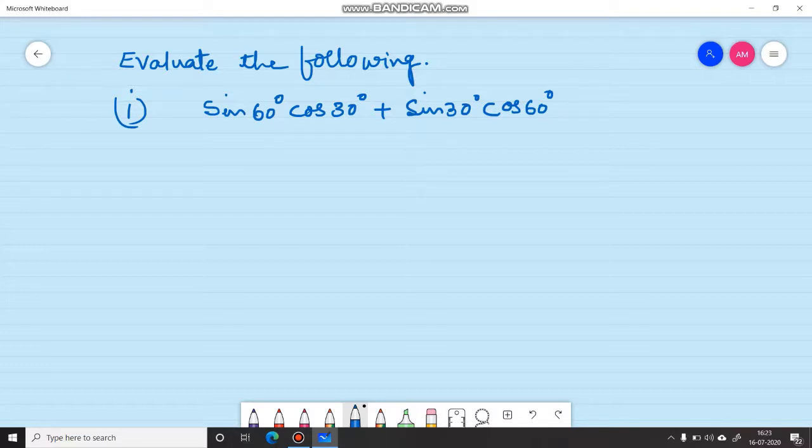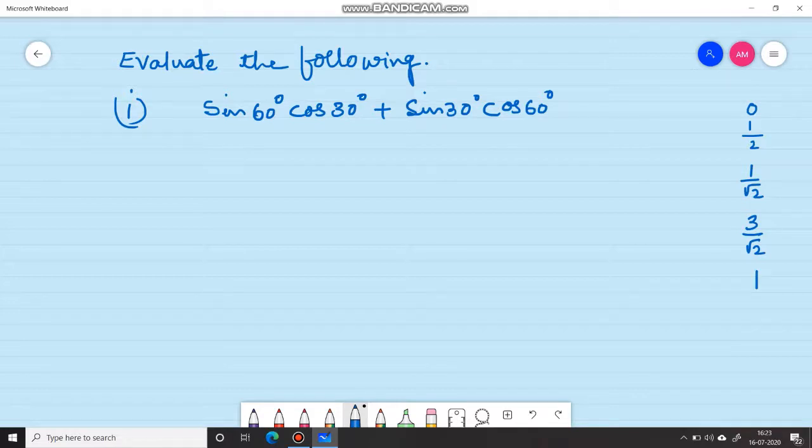See here, in the first row we have written 0 by 4, so it was 0. Second was 1 by 4. When we have taken out the root, it was 1 by 2. Next, the third value was 2 by 4. When you have taken out the roots, we got 1 by root 2. And the next one was root 3 by 2. And the fourth one was 1.